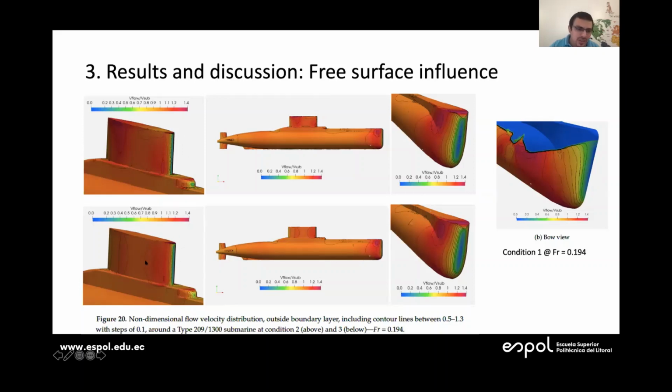On the deep water condition, you can notice the stagnation area on the front, and you can see an acceleration region that is generated downstream. But when we compare it with the periscope depth, this distribution changed a lot.